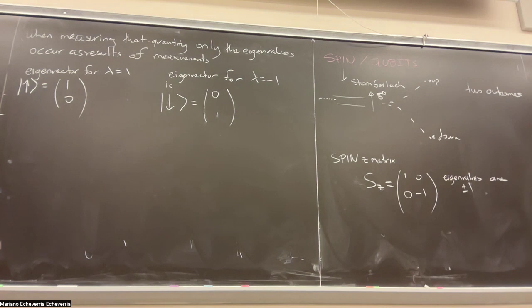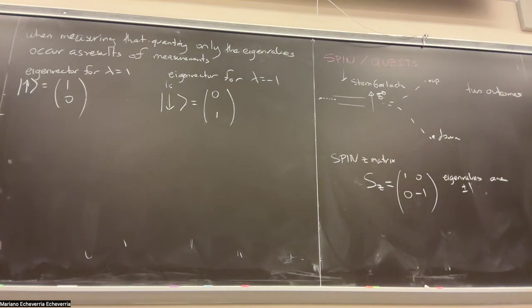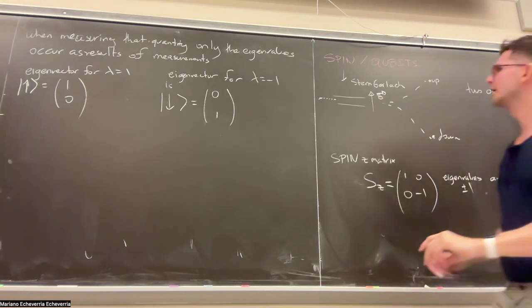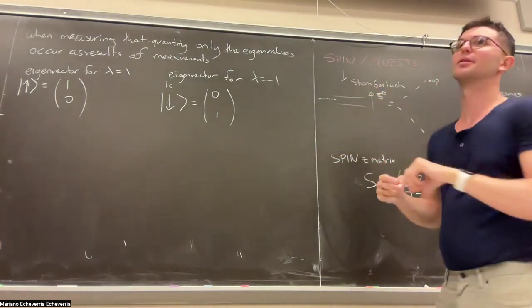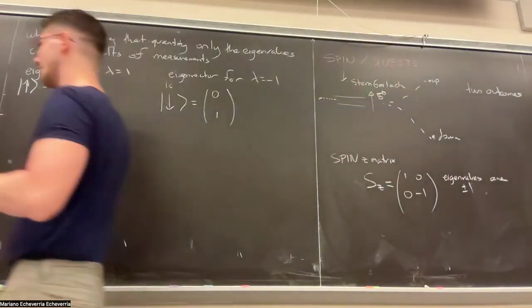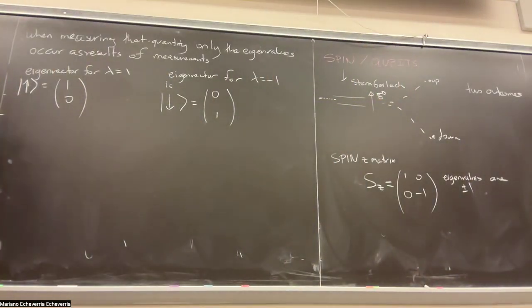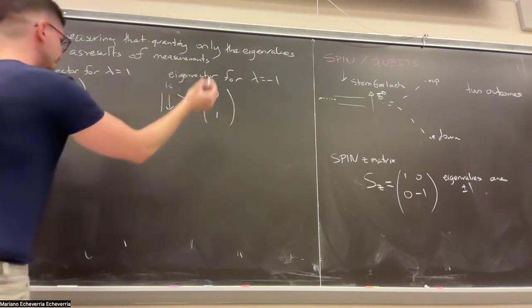If you knew one of these atoms had been this, you can actually do the experiment so that you shoot the atoms one at a time. But the idea is that these are a basis for C2, right?